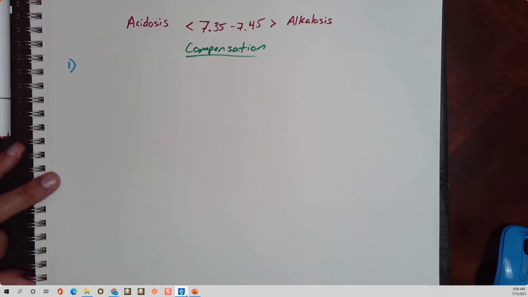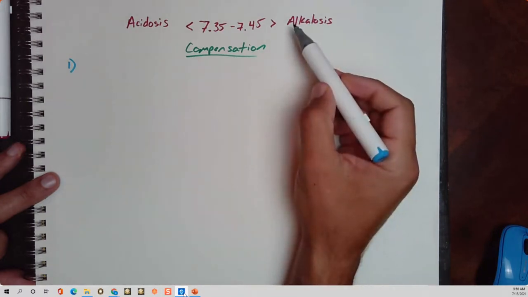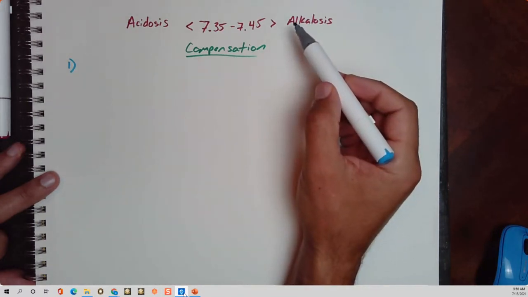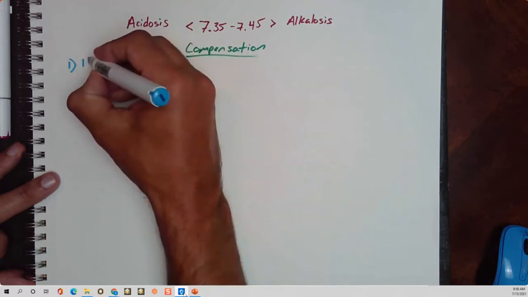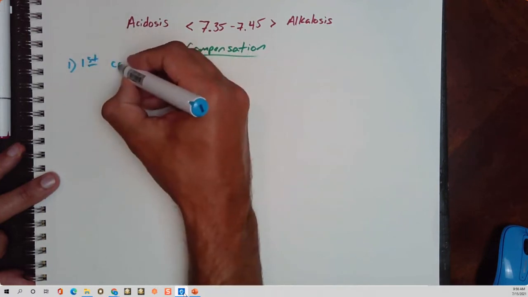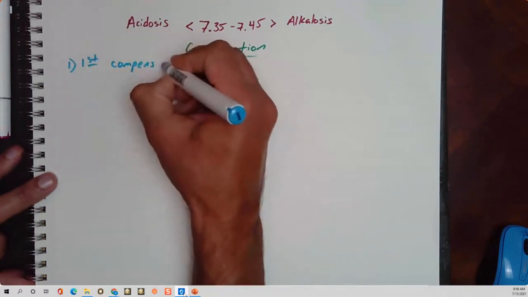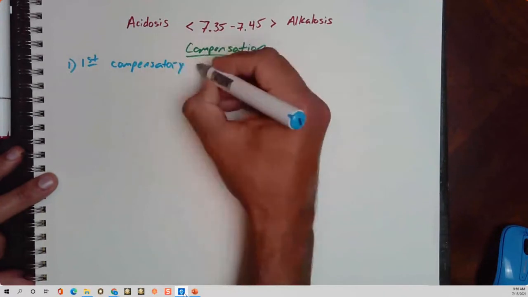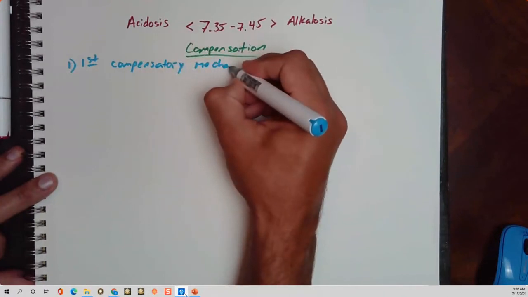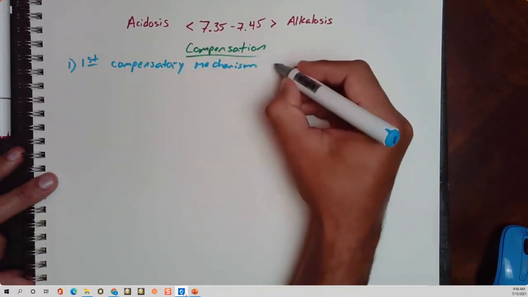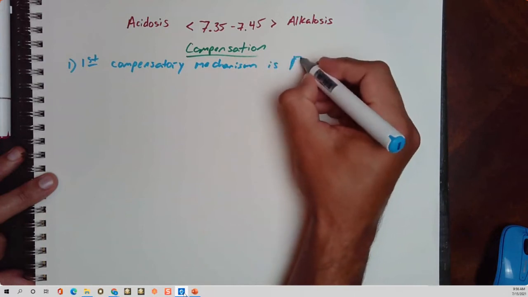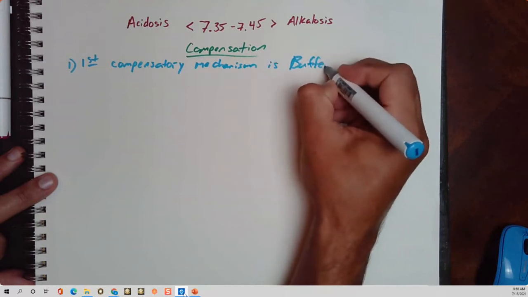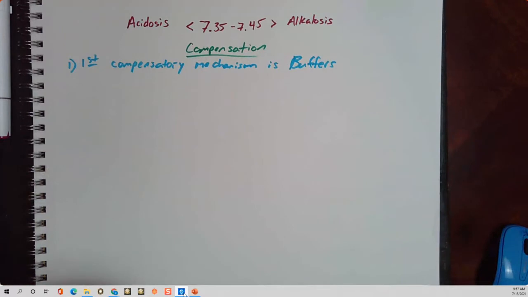The very first way that your body can compensate for changes in blood pH is using buffers. So the first compensatory mechanism is buffers. We've already done this. Let's just do it again.